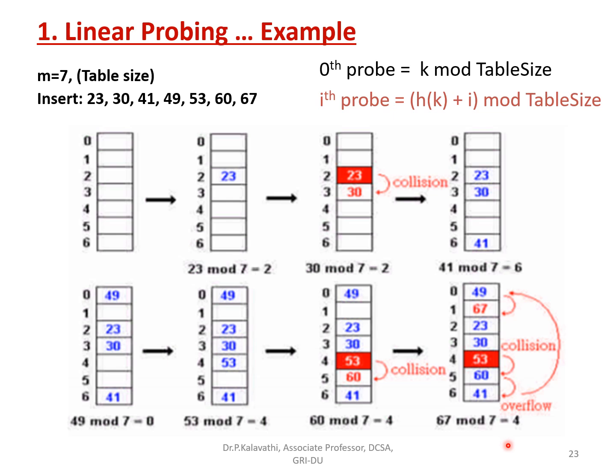Now it is the fourth probe. So 4 plus 4 is 8. And 8 mod 7, the remainder is 1. Now location 1 is free and we can insert the number 67 in location 1. In this way we can insert a value in the case of collision using the linear probing approach.